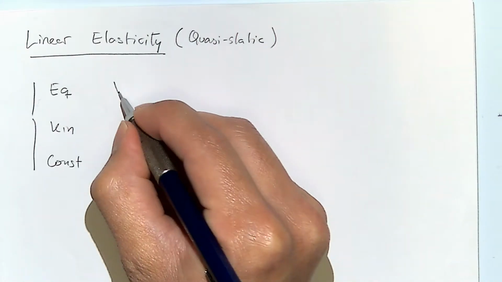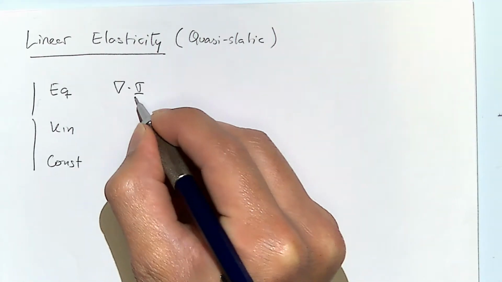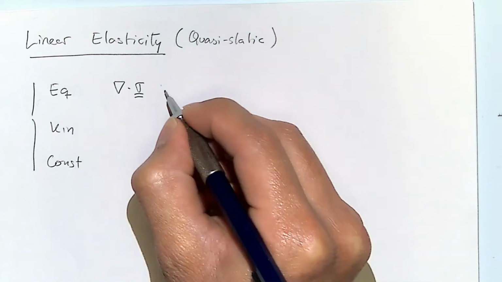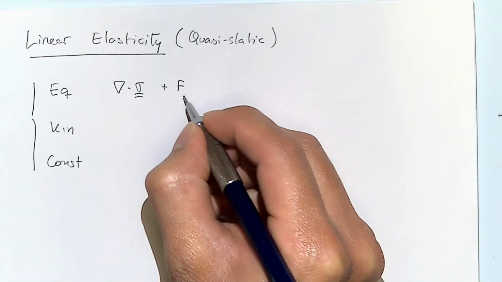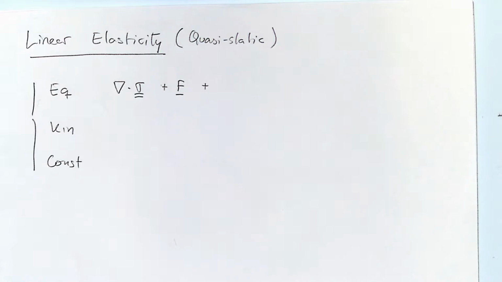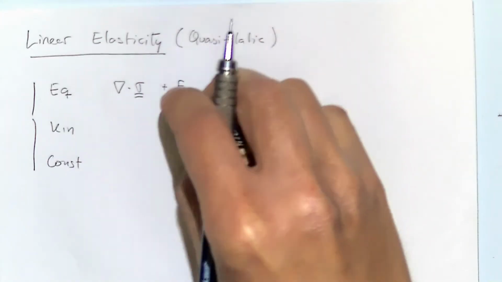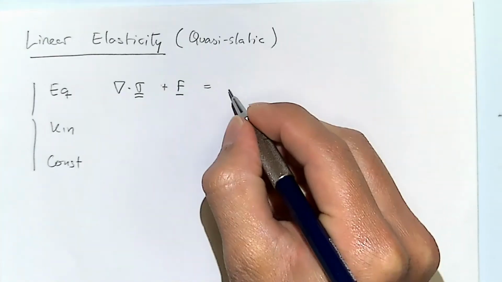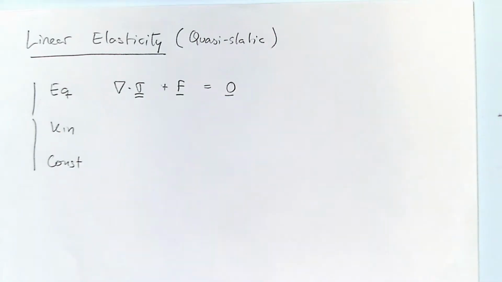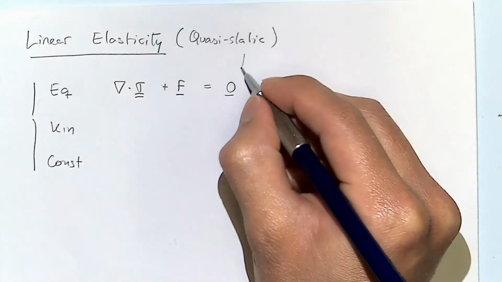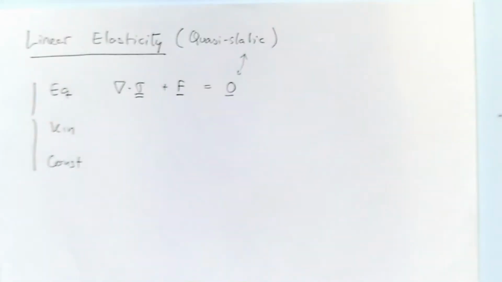The equilibrium equation is the divergence of the stress tensor plus the body forces, which we said was equal to 0 to be in equilibrium, right? And this is why this is called quasi-static.